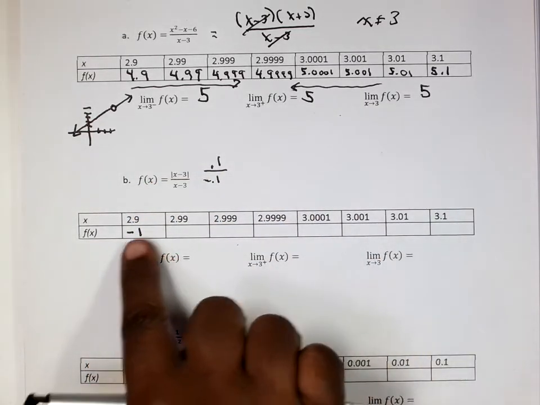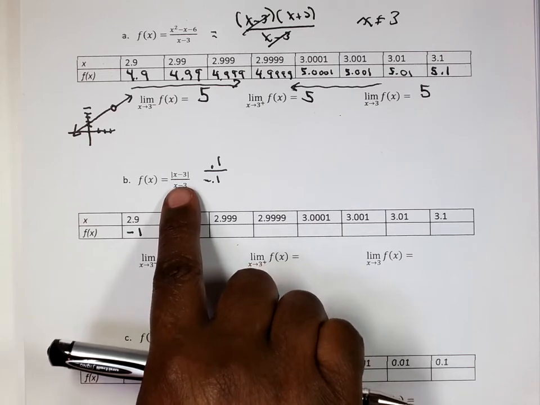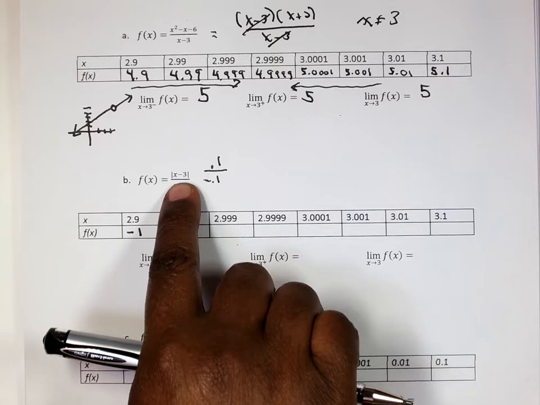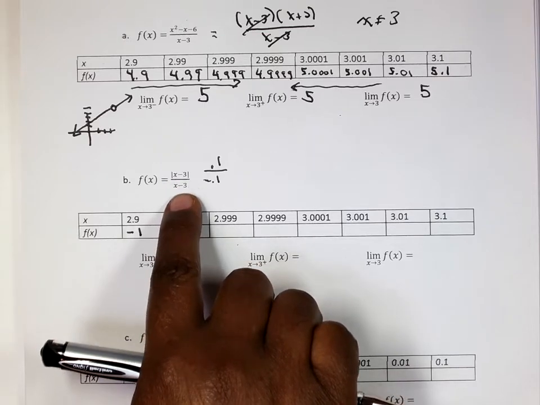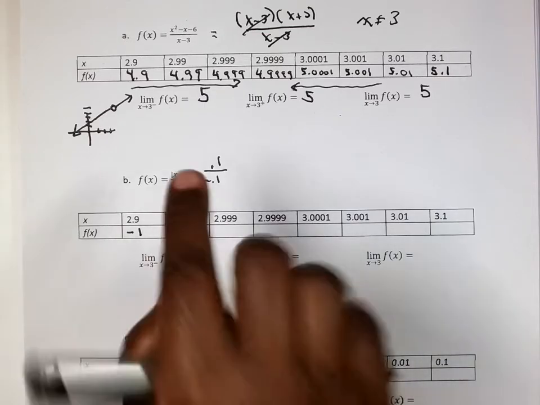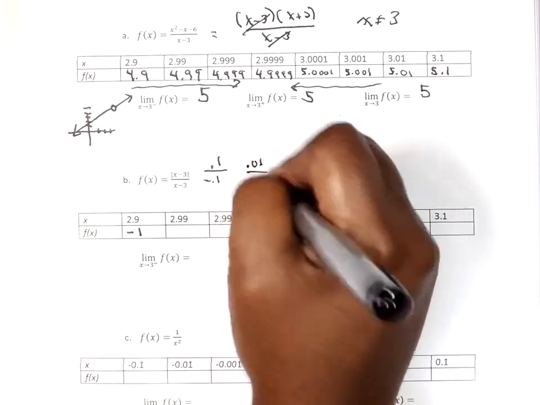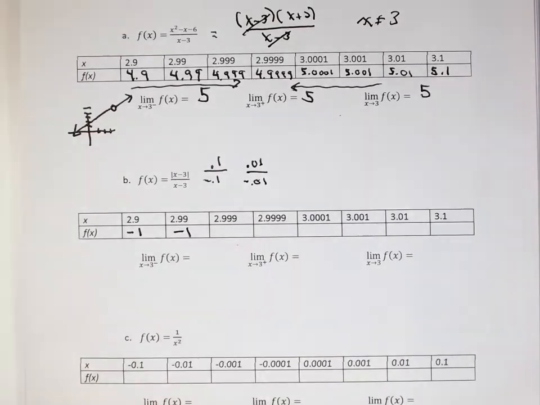When I plug in 2.99, I get 2.99 minus 3 is negative 0.01, but the absolute value would give me a positive 0.01 over negative 0.01. So that again, I get a negative 1.